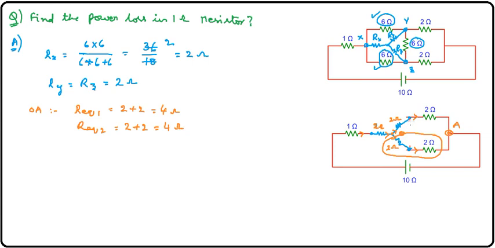Now you can see the above part is divided at this point and they are again meeting at point A. So I can say that these two parts are in parallel. Let me write my R equivalent 3 is equal to, as 4 ohm and 4 ohm are in parallel, 4 into 4 by 4 plus 4, which is equal to 16 divided by 8, and the value will be 2 ohm.